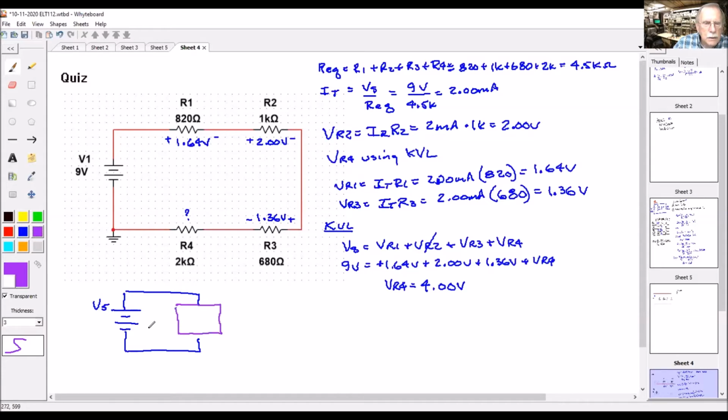And inside of that box is a circuit. It could be a series circuit, or a parallel circuit, or, as we're going to see, a series parallel circuit. But the bottom line is that between these two ends, there's an equivalent resistance called REQ.